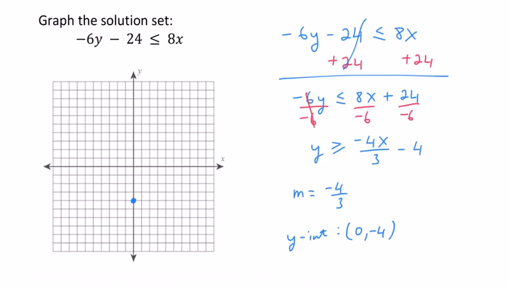The slope is rise over run. So we need to go down 4 to the right 3. Or we can go up 4 to the left 3.